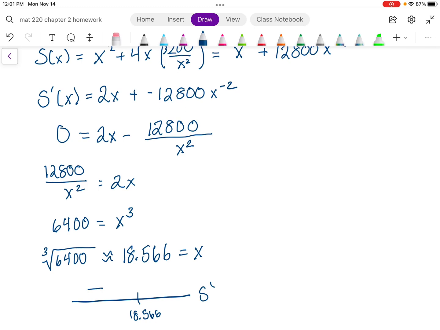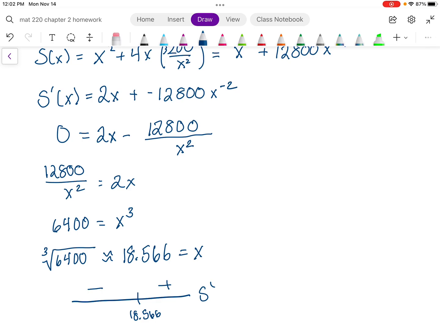But if I were to plug in something like 100, 200 minus 12,800 over 100 squared, which is about 1.28, that's going to be positive. And so my derivative is going from negative to positive. So my function's going from decreasing to increasing, so I have a minimum.